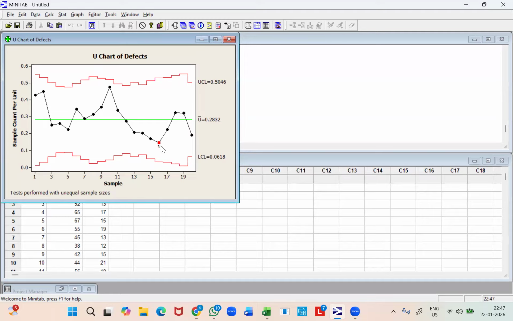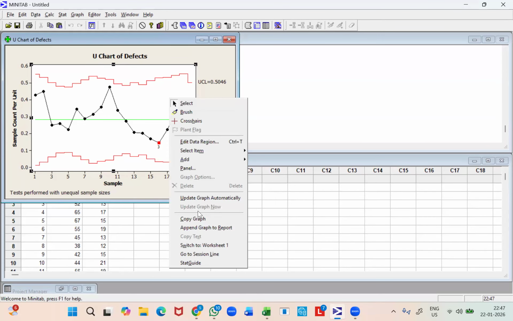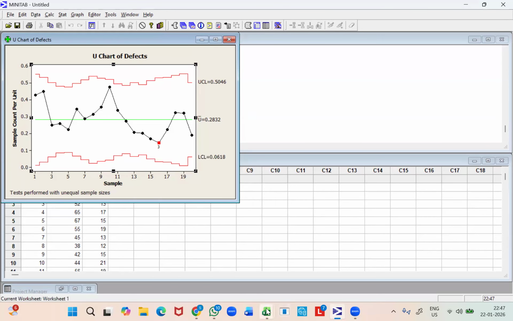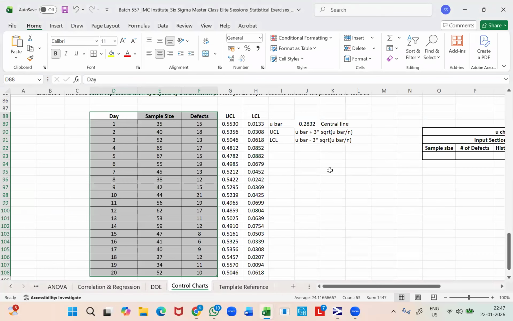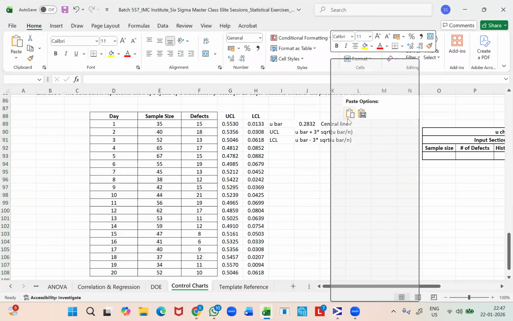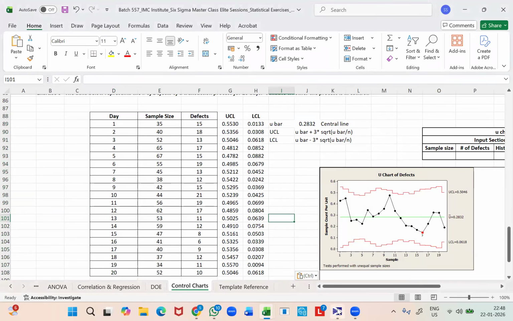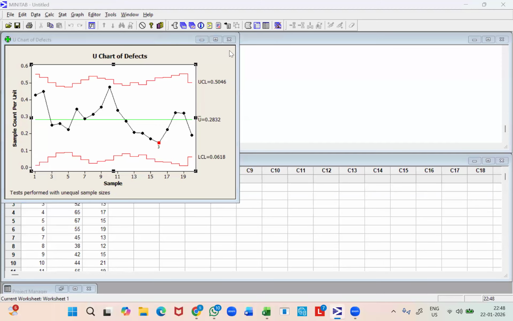So the sample 16 has been identified as the one influenced by the special cause variation, and it says that they have applied rule number 3. So what is rule number 3? Let me just copy paste the chart here in the exercise sheet, and then quickly let us look at rule number 3.